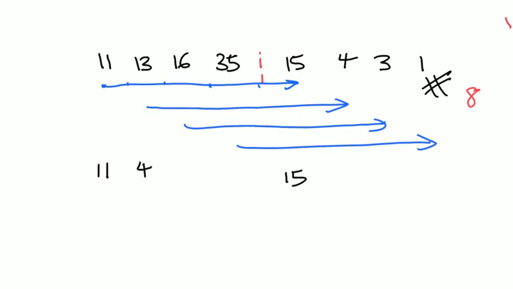So 4 shall be here and 13 shall be there. Now 16 and 3, we do a swap. Now 35 and 1, we do a swap. 1 here and 35 there. So we have 11, 4, 3, 1, 15, 13, 16, 35.